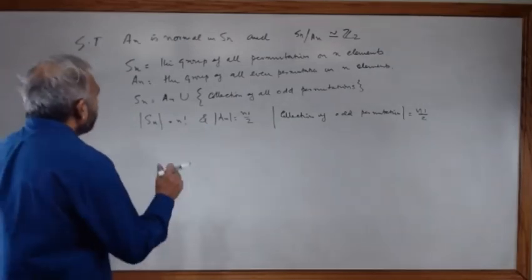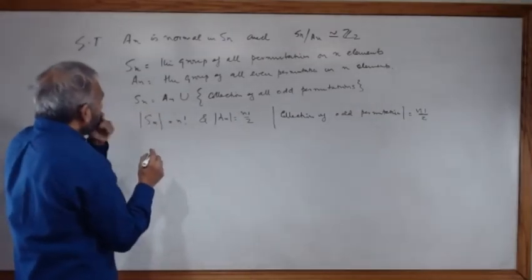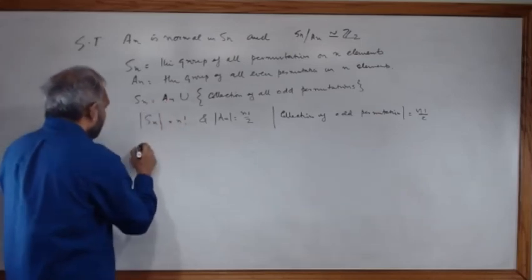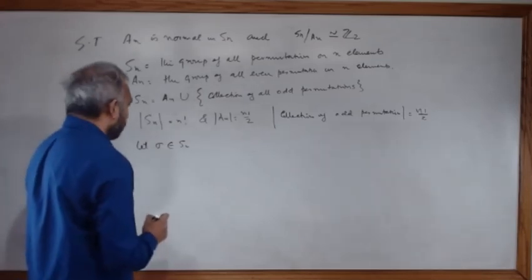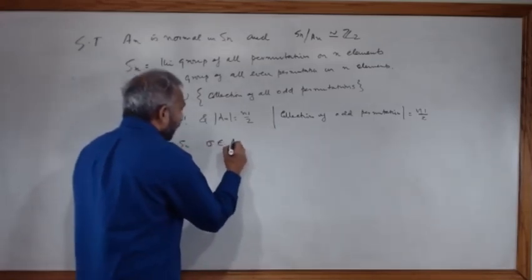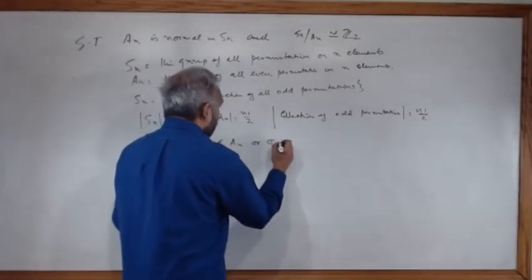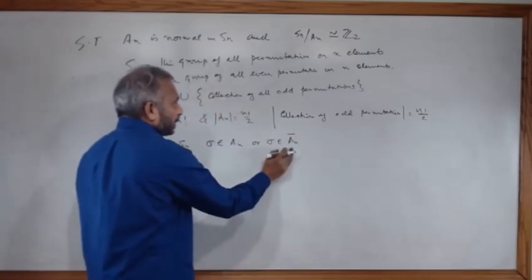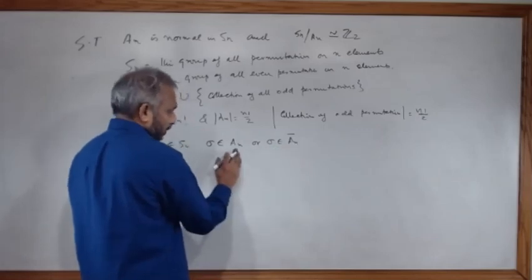So definitely, let sigma belong to Sn. So that means sigma belongs to either An or sigma belongs to An complement, because this is the collection of all odd permutations. This is not a group. This is a group.